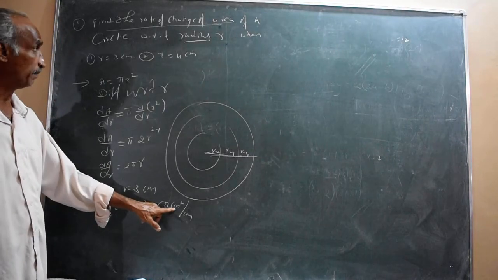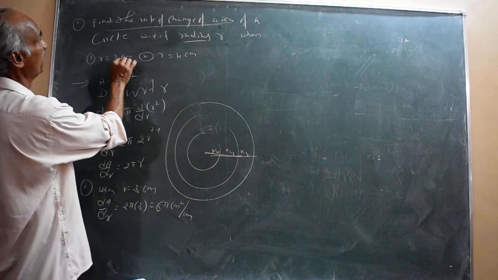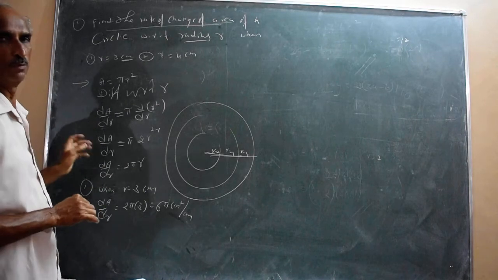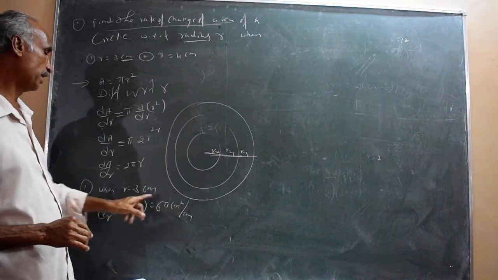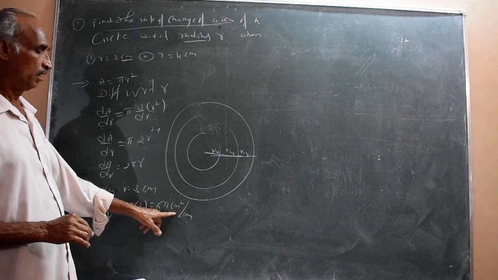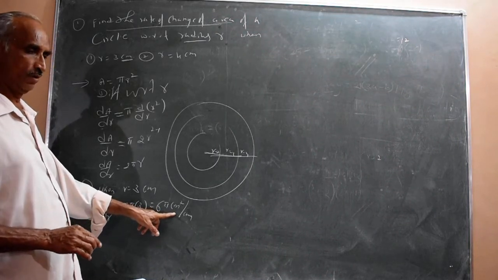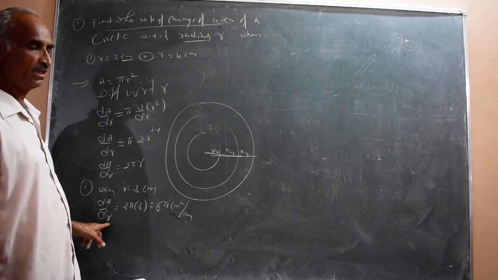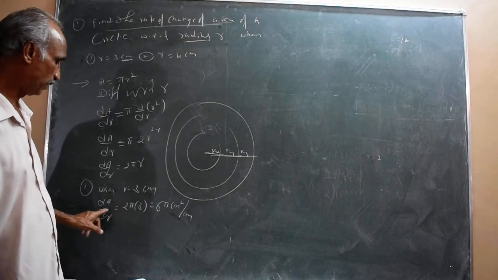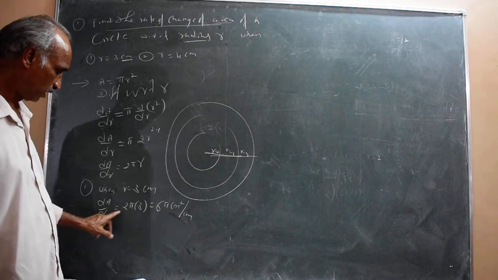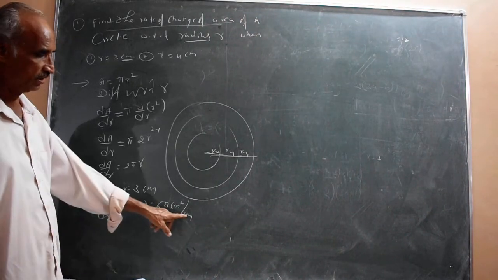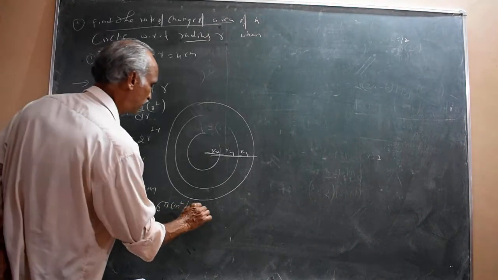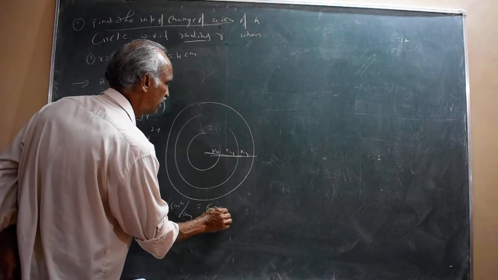Area means centimeter square because the radius length is mentioned in centimeter. Area is 2-dimensional, therefore centimeter square, or meter square. And radius means centimeter. Therefore, centimeter square per centimeter.